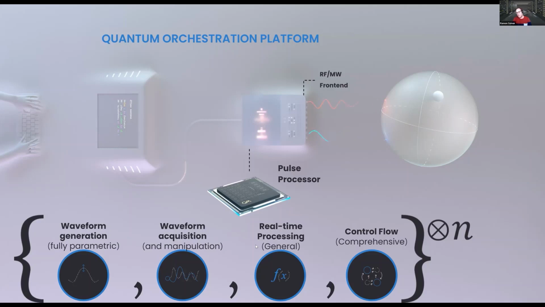So any mathematical operation that is executed on the pulse processor has a clear predetermined number of clock cycles that it takes to perform.